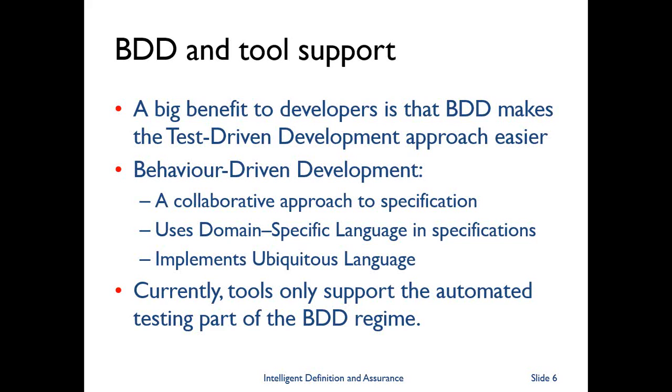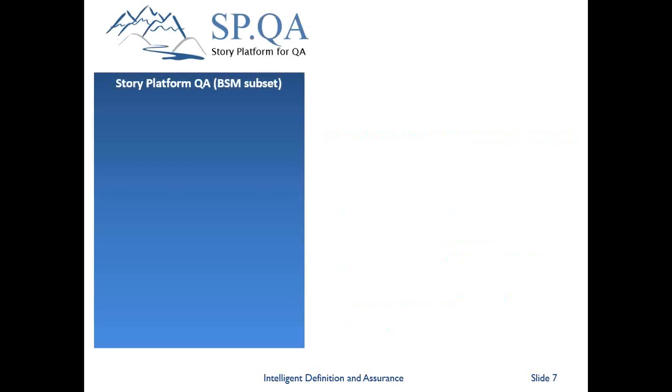The problem is that the current tools only really support the test automation side of this process. They don't provide a lot of support for the collaboration between the business analysts, testers and developers. So what we've been promoting for a couple of years now is an approach which is broader than the rather limited BDD approach. Non-trivial systems need a set of requirements, the business rules themselves, that are more comprehensive than just stories.